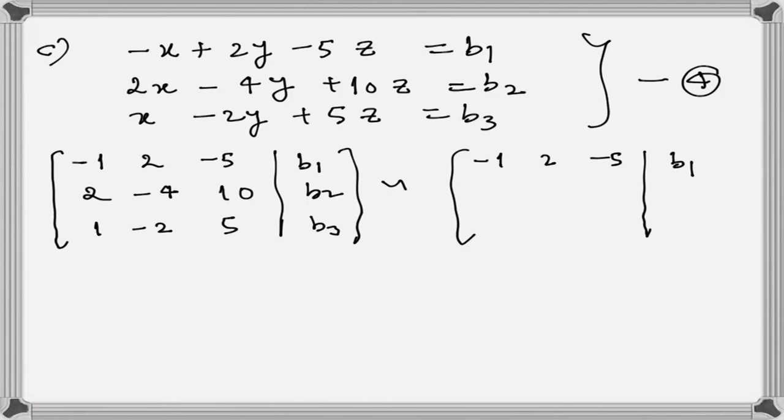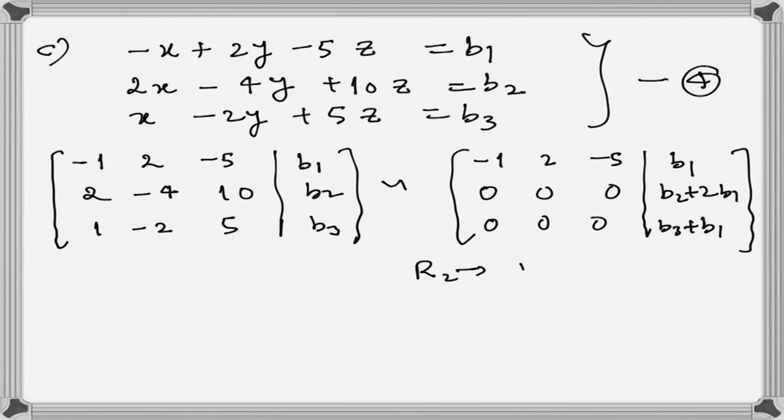We apply r2 goes to r2 plus 2r1, we get 0, 0, 0, and then r3 plus r1 we get 0, 0, 0, and here b2 plus 2b1 and b3 plus b1. So what is the row operation we used? We used r2 plus 2r1 and r3 is r3 plus r1.